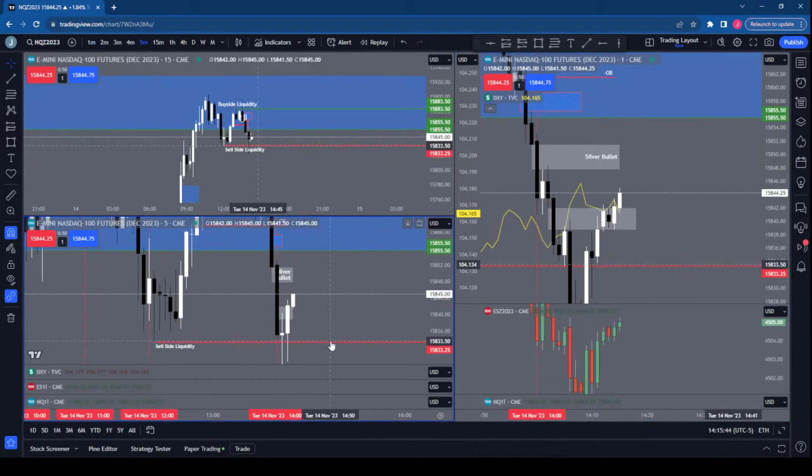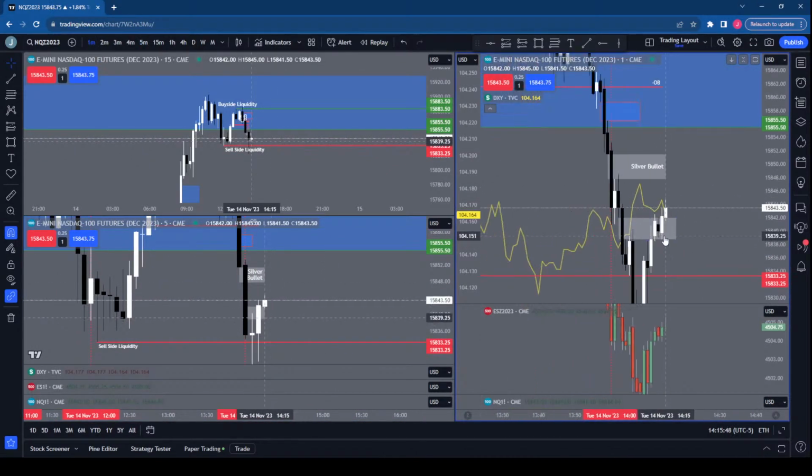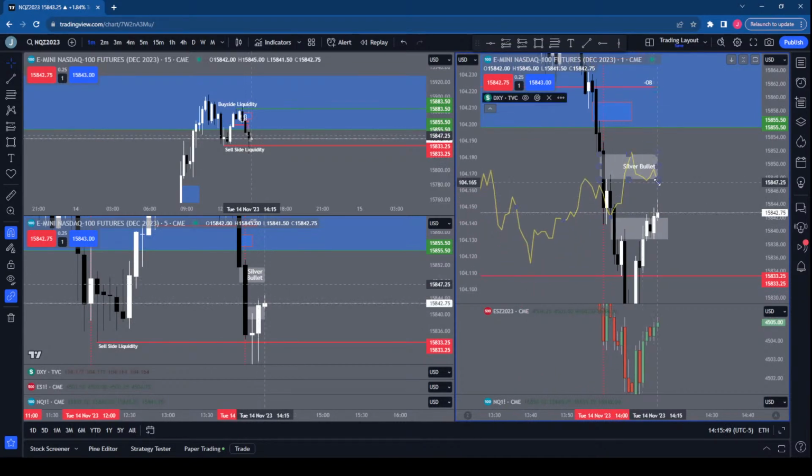So again, look at the dollar kind of turning around.